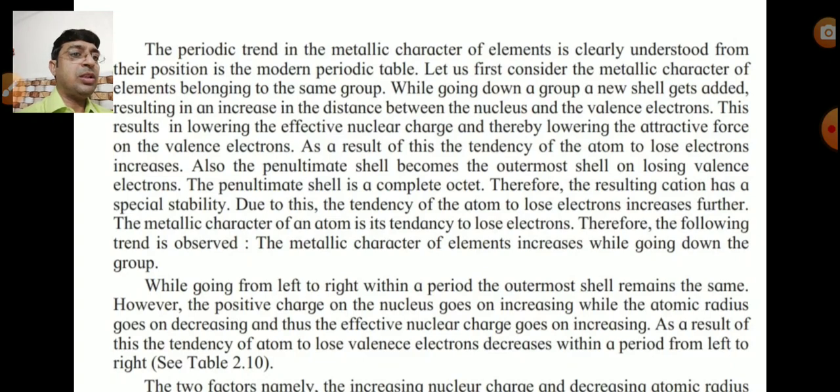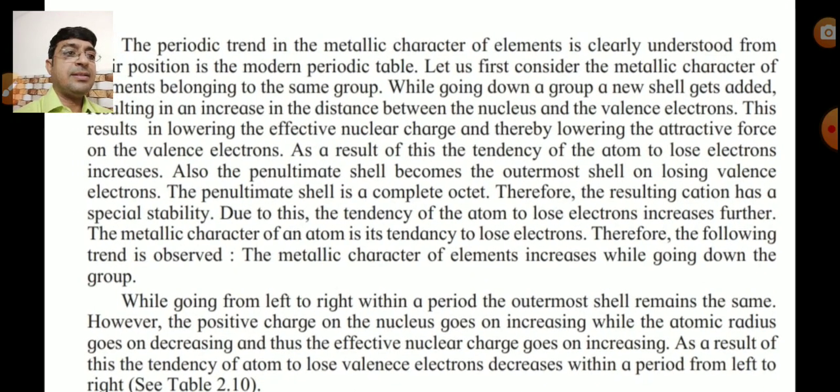While going down a group, a new shell gets added, resulting in an increase in the distance between the nucleus and the valence electron. This results in lowering the effective nuclear charge and thereby lowering the attractive force on the valence electrons. As a result of this, the tendency of the atom to lose electrons increases.